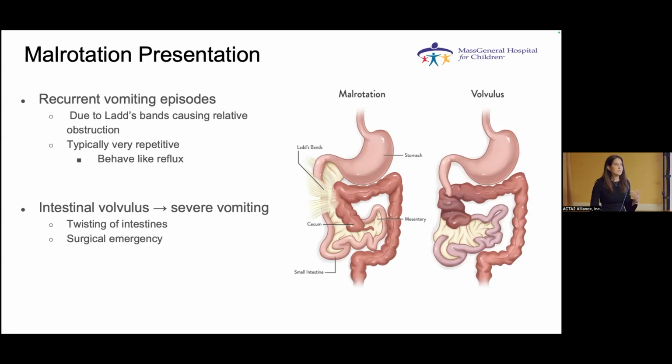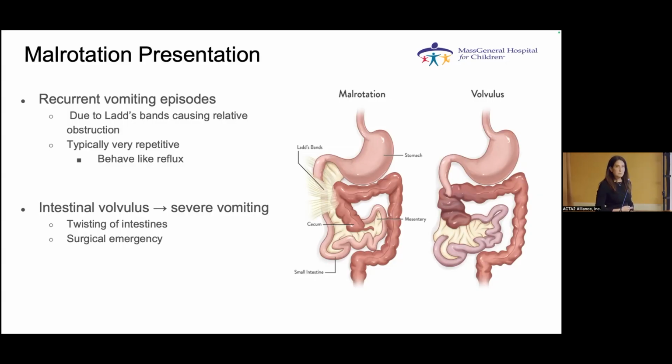It's often missed because it's not that pronounced. It's because of these bands here that are cutting off the supply to the small intestines, but it goes back and forth. So you'll see a little bit of vomiting, but it won't be that forceful. This is more the mild presentation, but we do think about it often in patients when they come in with reflux, particularly in the infant years.